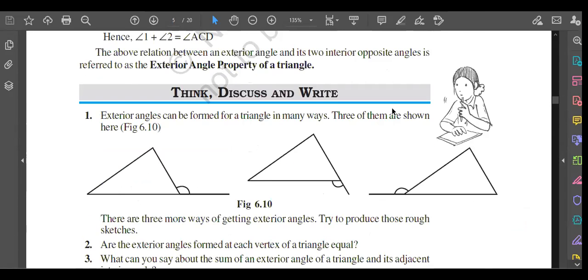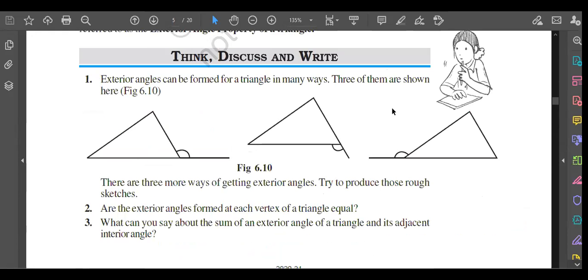Very good. Now tell me this. First one, exterior angles can be formed from a triangle in many ways, right? So they are the three exterior angles. In case of a triangle, how many exterior angles can be formed? See this, every angle can have two exterior angles.